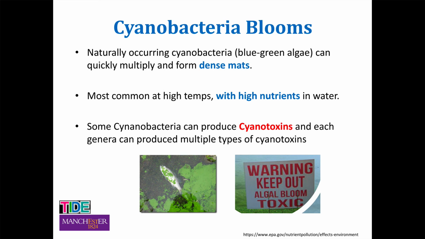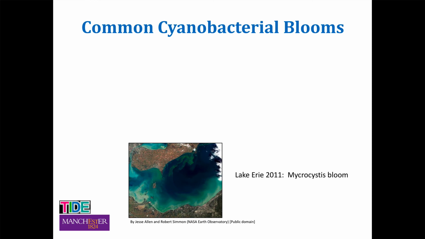And worryingly, some of these cyanobacteria produce cyanotoxins, and each genus can produce multiple types of cyanotoxins. So, if you're doing lake monitoring, obviously cyanobacteria are one of the key organisms that you're going to look out for.